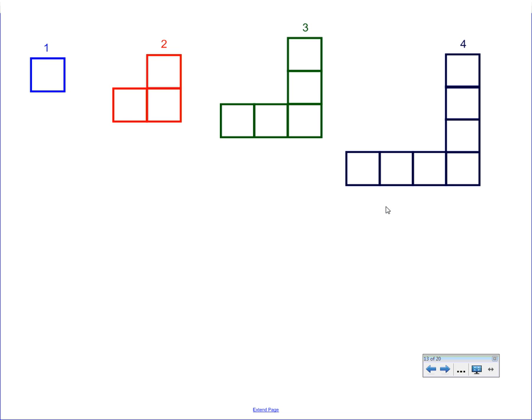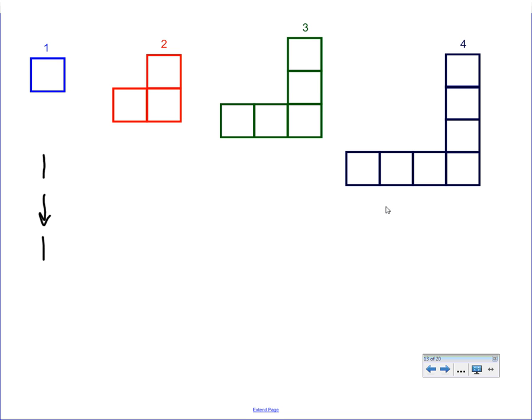Okay. The reason why this works, if this is going to confuse you, just ignore it. But I just want to prove to you why this squaring the scale factor thing works. When I have my original, my 1, scale factor is 1, the area is 1. Okay?